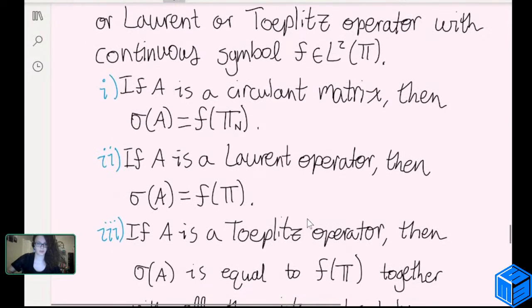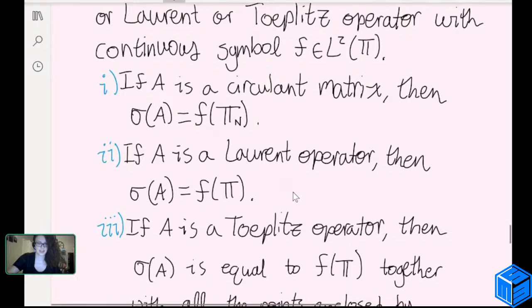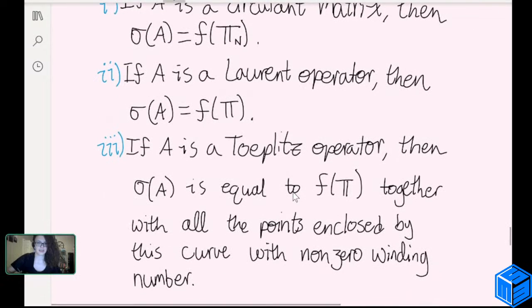For a Laurent operator, the spectrum is going to be the symbol curve itself. And if we have a Toeplitz operator, then the spectrum is the symbol curve together with all the points enclosed by this curve that have non-zero winding number.